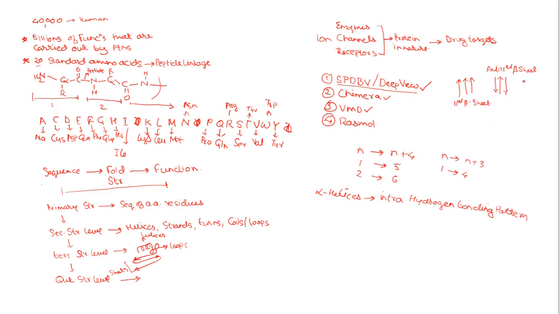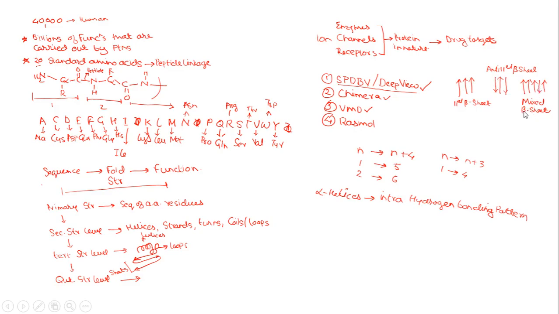And if you have a mixed type of orientation in your beta sheet, you can call it a mixed beta sheet. So depending on the orientation of the strands in your beta sheet, you can classify them as parallel, anti-parallel, and mixed beta sheets.